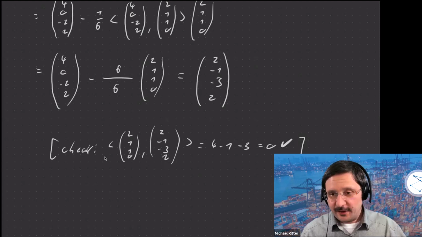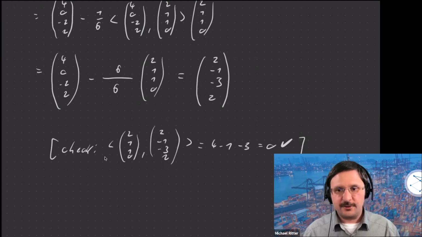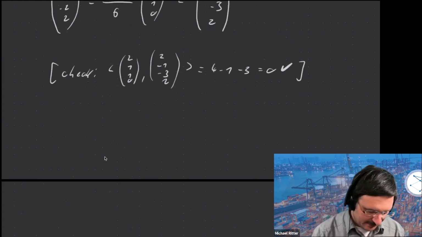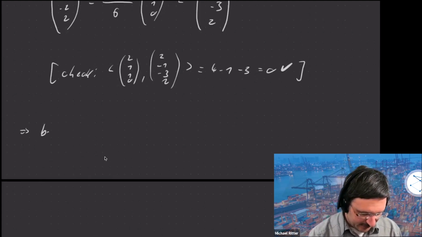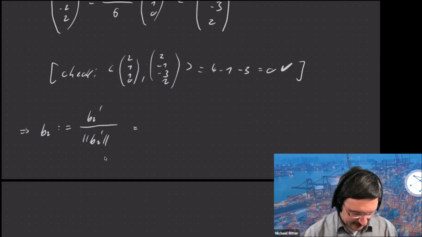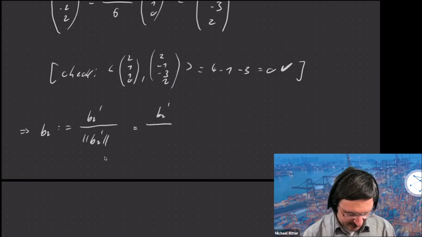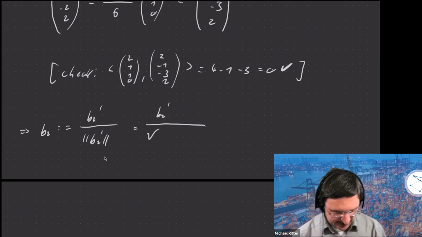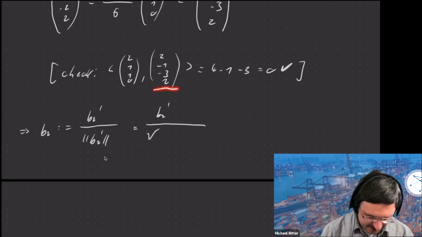And now we have the orthogonal part, so to say. The only thing that is left for an orthonormal basis is to normalize that. And that is going to be our B2. So that's B2 prime divided by the norm of B2 prime. And the norm of B2 prime is, let's see. So this here is B2 prime.